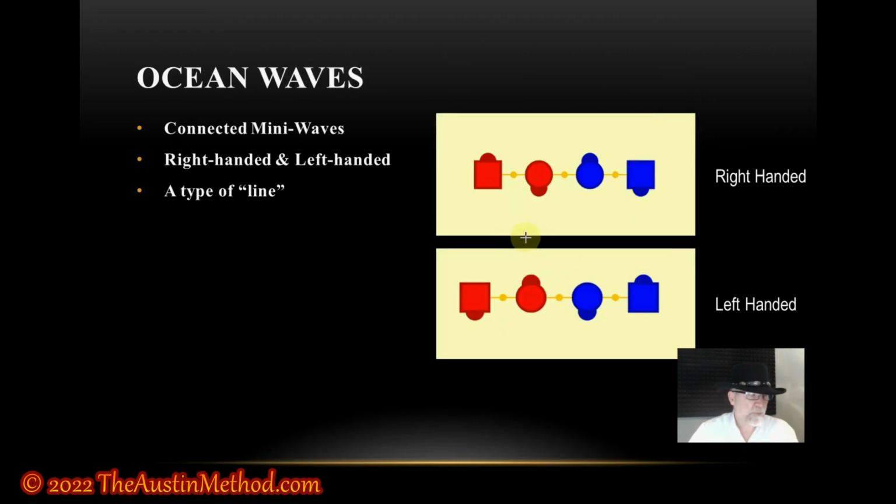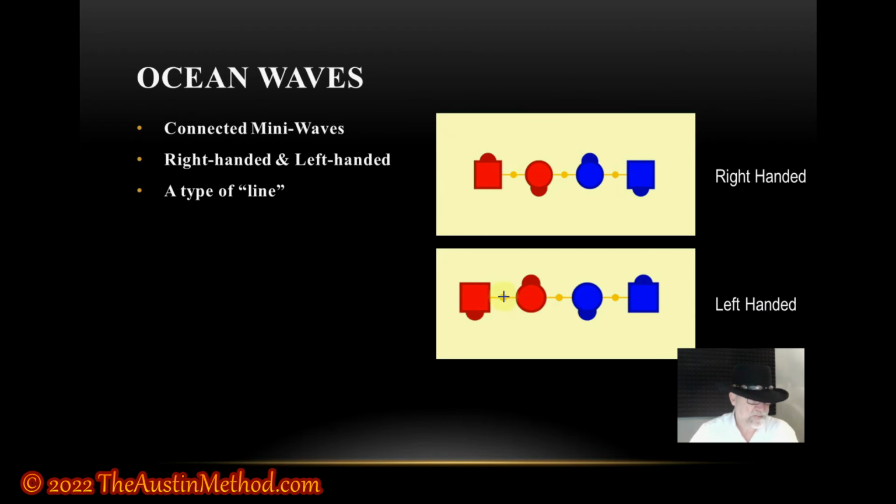Ocean waves. Ocean waves are connected mini waves. In this case, you can see a mini wave here and a mini wave here, and they are connected in the middle. They have a handedness, and that handedness is based upon the handedness of the mini waves. So this is a right-handed ocean wave.